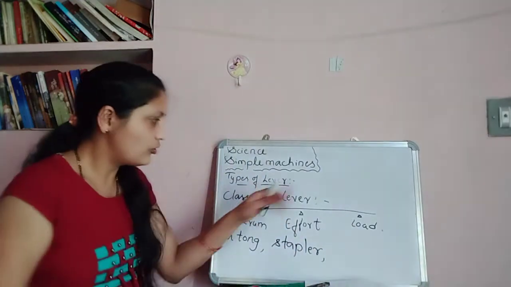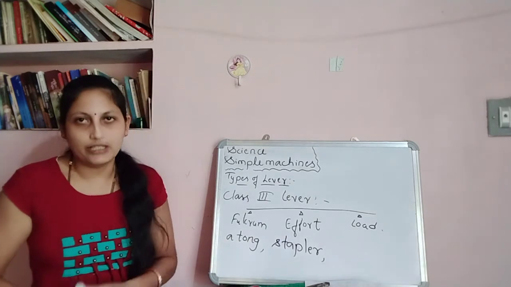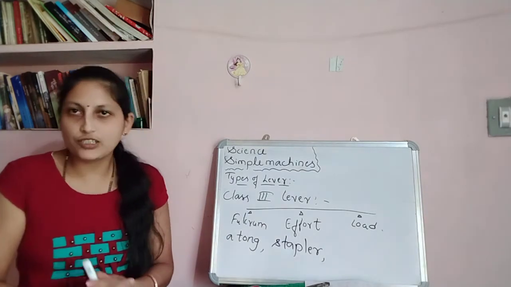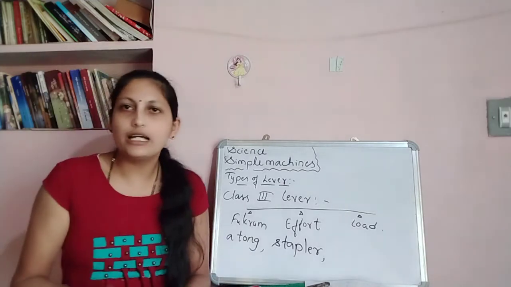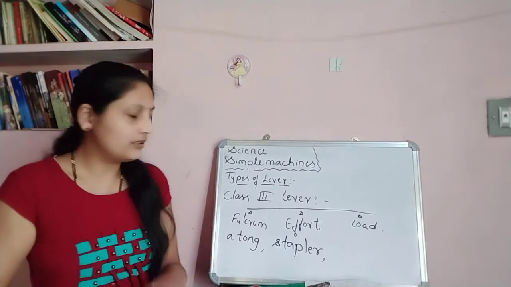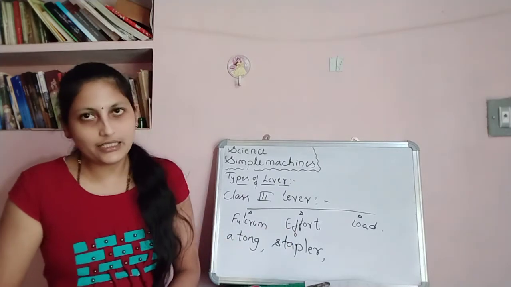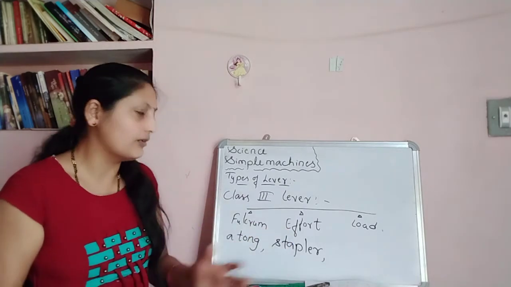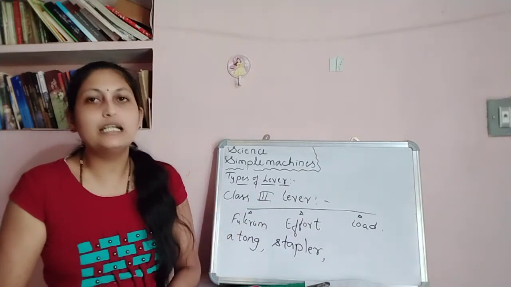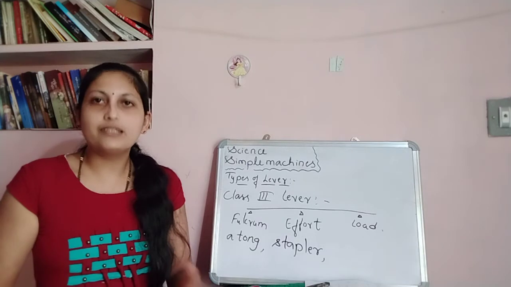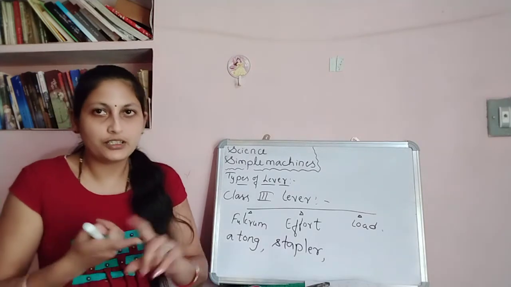Okay. So this is about lever. A lever is a straight rod and it has a fixed point or rests on a support. This lever makes our work easier. There are three important parts on a lever, that is fulcrum, load and effort. Fulcrum means the point where the lever is fixed.